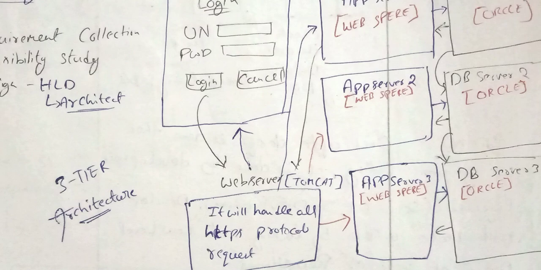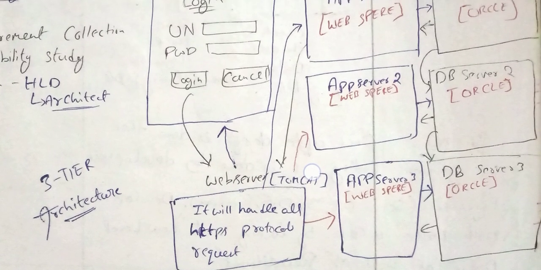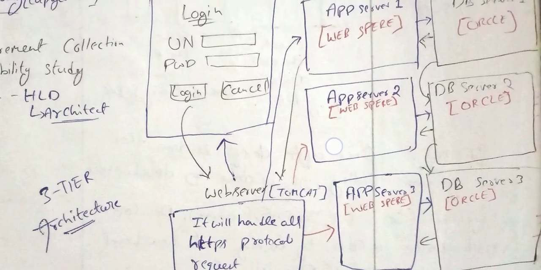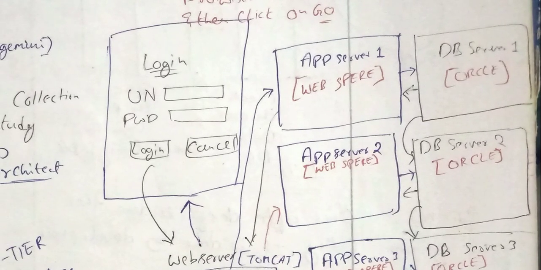For example, Tomcat is a web server. It will handle all the HTTP protocol requests and it throws these HTTP requests to the app server. App server 1 is called WebSphere. It will take that HTTP request and throw it to the database server.